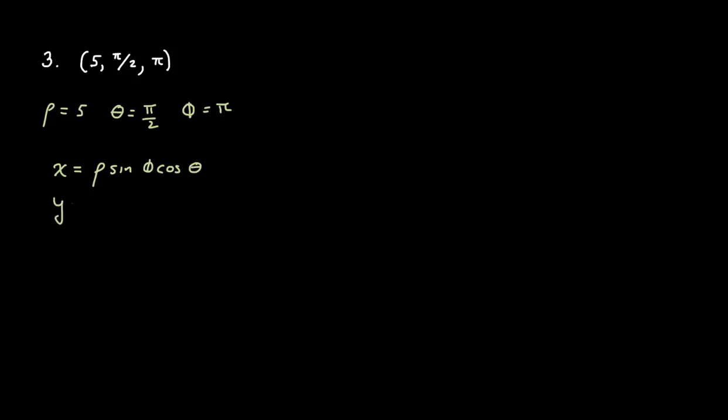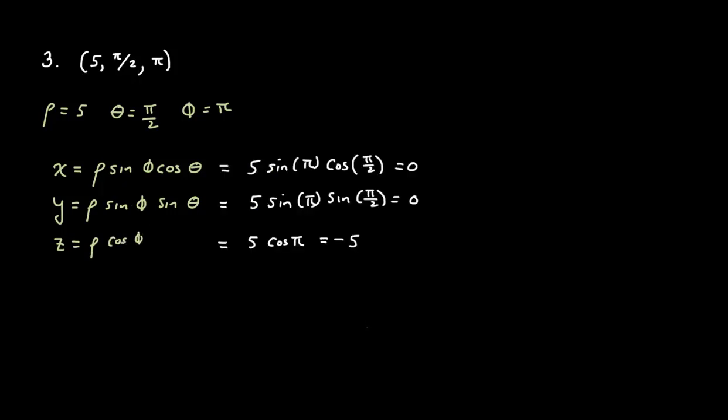And y is going to be rho sine phi sine theta. Z is rho cosine phi. And with a little bit of substitution, we realize that x is 0, y is 0, and z is negative 5, so we're on the South Pole here with ordered pair (0, 0, -5).